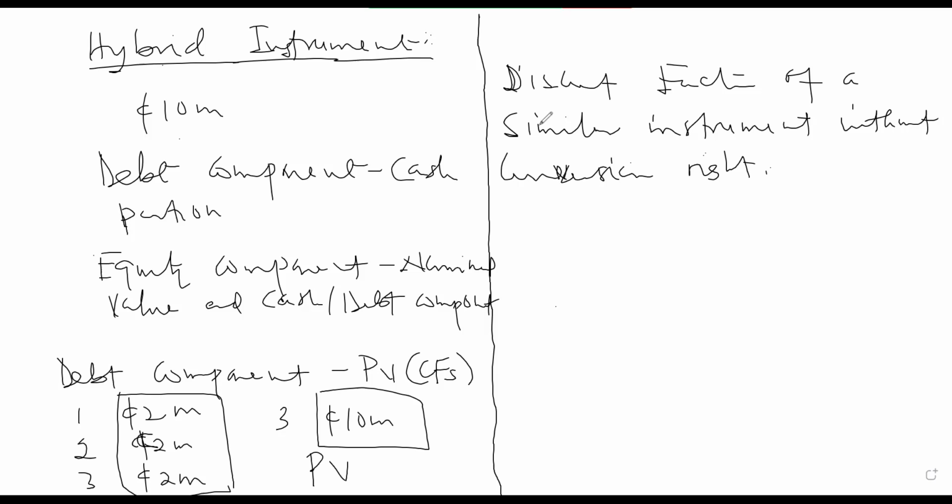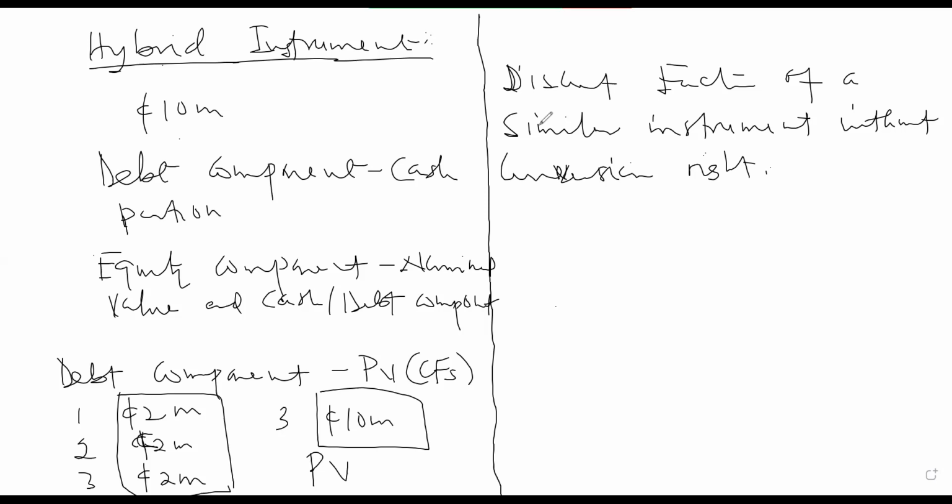We look at the entries for the conversion at the end of the maturity period later. But do we have any similar instrument in a different company where they have not attached a conversion right to it? If yes, we use the discount factor or the market rate of that one, the interest rate of a similar bond with a similar risk for the instrument that we have.